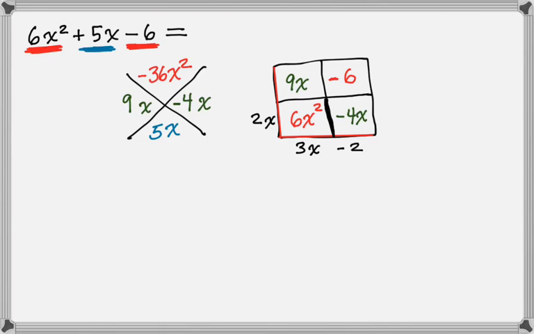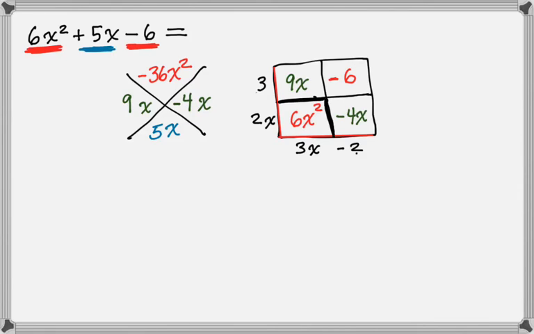And looking up and down, the 9x box has a base of 3x, so its height must be positive 3. To verify that I'm correct, I'm going to multiply 3 times negative 2, and sure enough, I get negative 6, which is the constant term in the top right box.